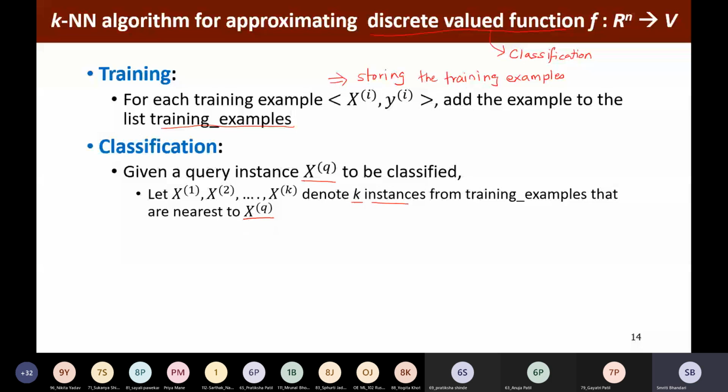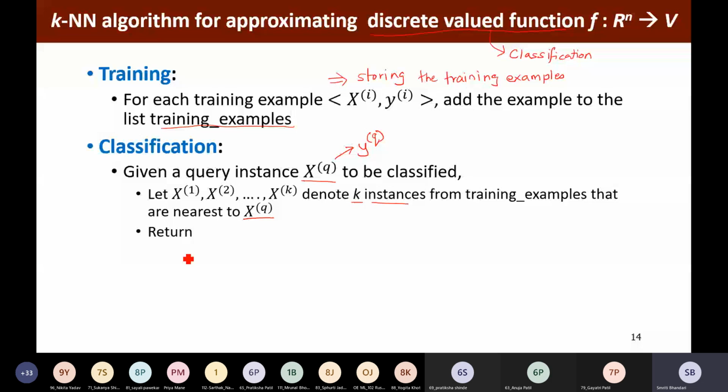Right? So what are we going to return now? Obviously we want to find the yq associated with our query instance. We are going to return this yq based on some mathematical formula.